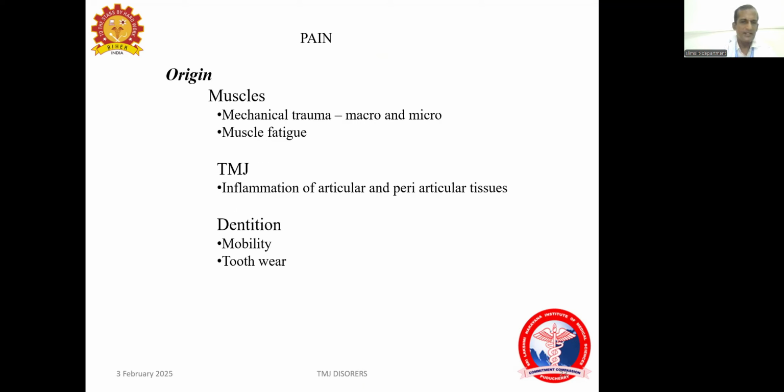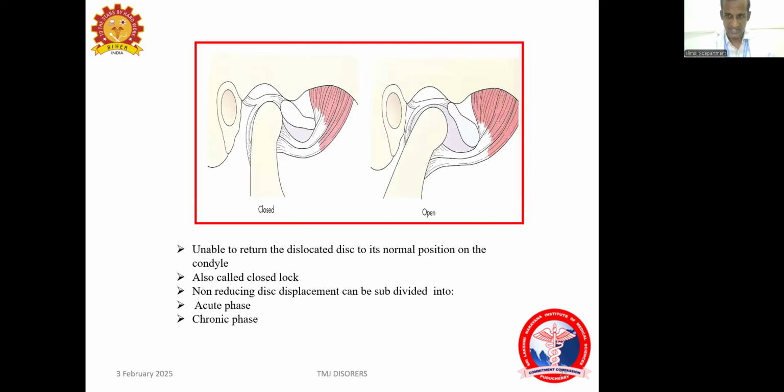And the muscles of mastication, mechanical trauma, or muscle fatigue, or it can be an inflammatory condition, as discussed earlier. Inflammatory condition of the articular disc.